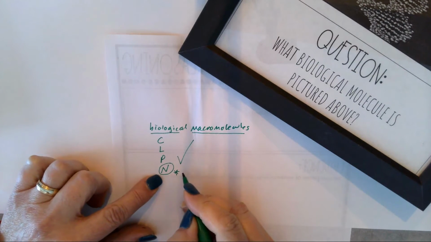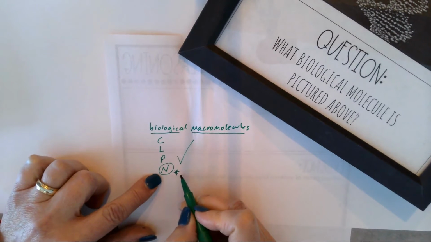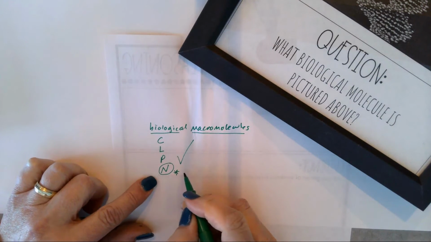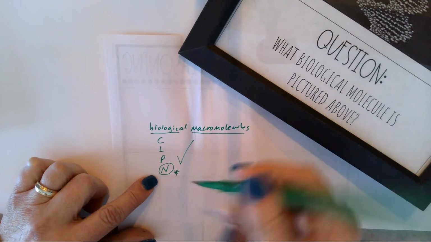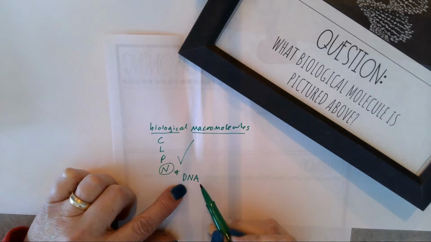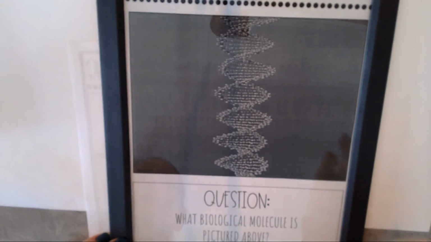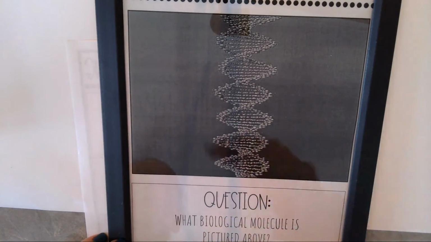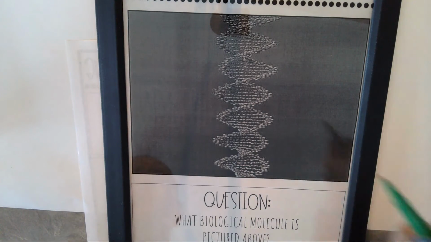So nucleic acids carry hereditary information, so you should write that down. And in the picture, it looks like it's DNA, right? And we want to find some evidence to help support our claim that we think it's DNA.